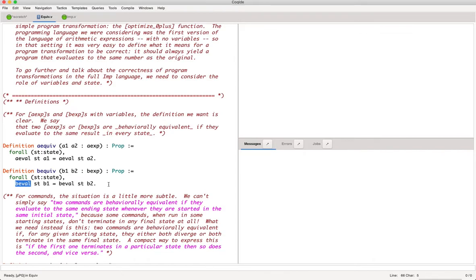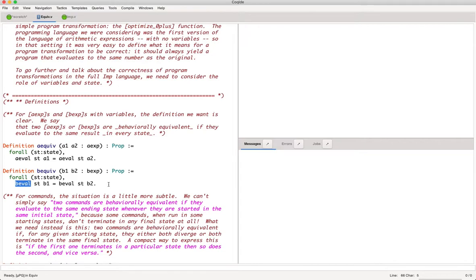Okay, so for commands it's a little bit trickier because we have this notion that some commands might not actually terminate. So we need to somehow factor in the termination of a command into the notion of equivalence. So we would probably want, for example, that if one of the commands terminates when run in a particular state and the other one doesn't, we would want them to be regarded as not equivalent.